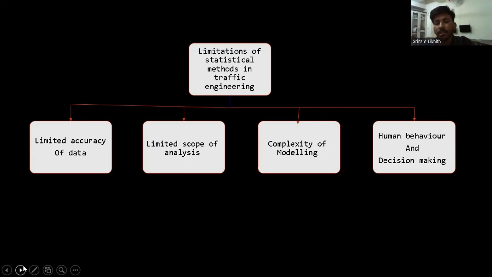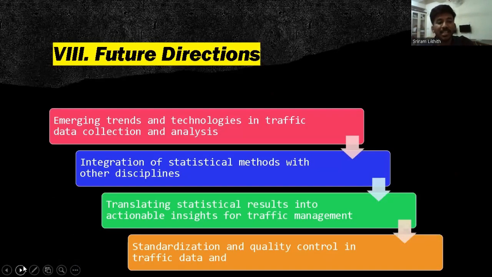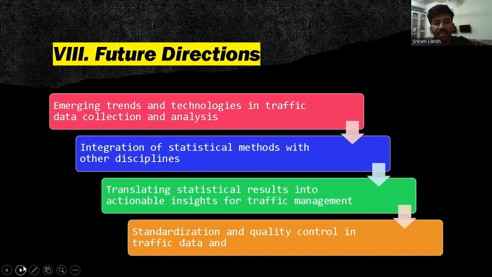Human behavior can't be judged because it can't be constant. Emerging trends and technologies in traffic data collection and analysis, integration of statistical methods with other disciplines, translating statistical results into actionable insights for traffic management.